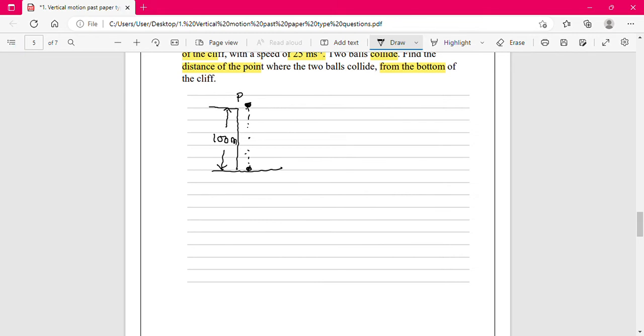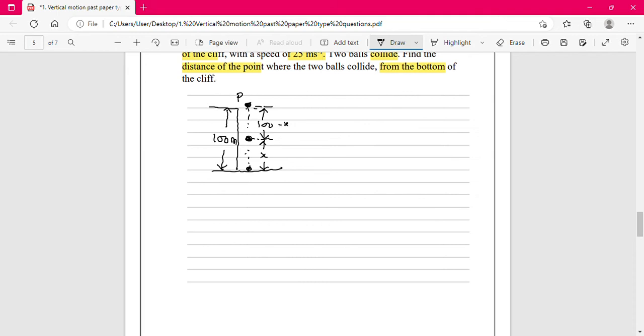Say both of them collide at this point. So let us take the height of point of collision from the ground as x, and since the total height of the cliff is 100, this will be 100 minus x.